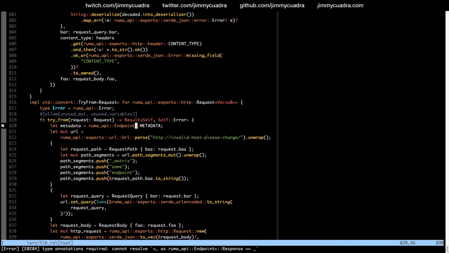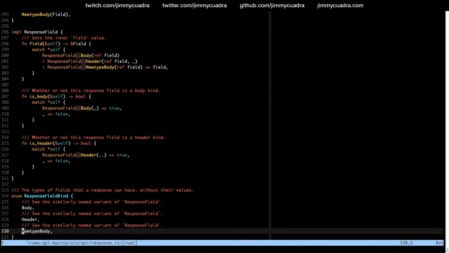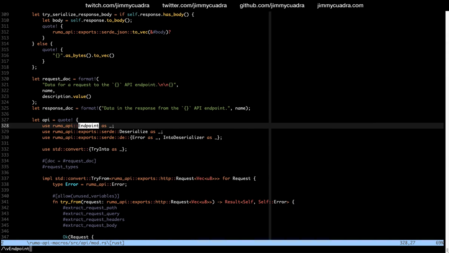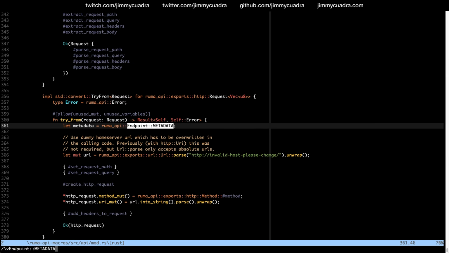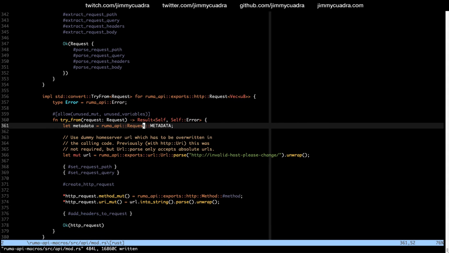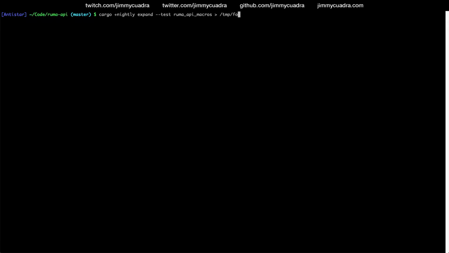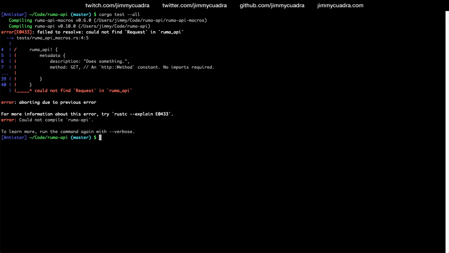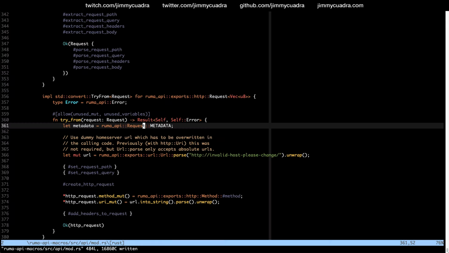This needs to be changed to be called request now. So what I'm looking for is probably back in mod.rs, endpoint metadata. Yeah, this needs to be request metadata. And that may be enough to get this to pass. No, it still didn't like that.